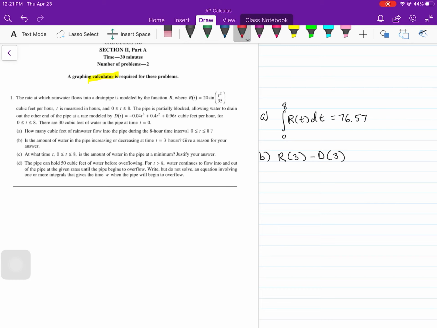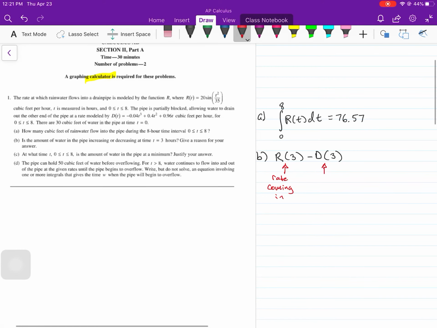So r of t is the rate of inflow. So we've got the rate coming in and the rate going out. If we take those two and subtract them, that's going to tell us if it's increasing or decreasing.